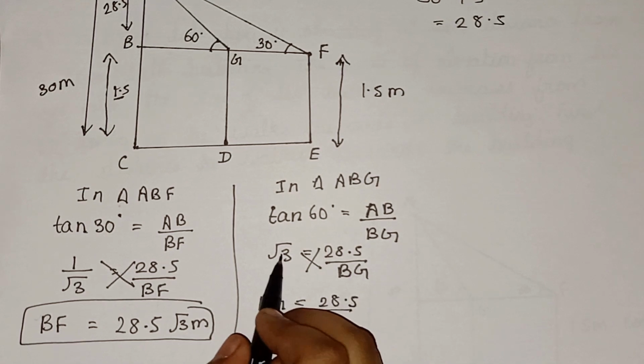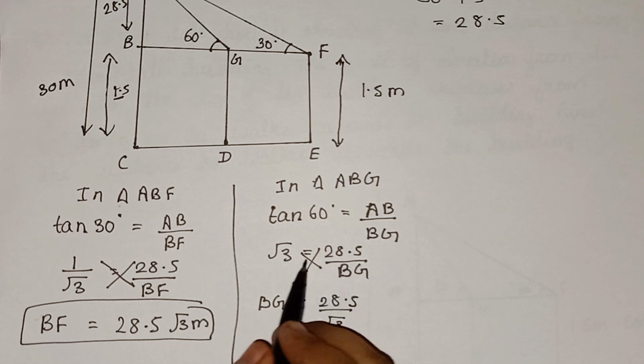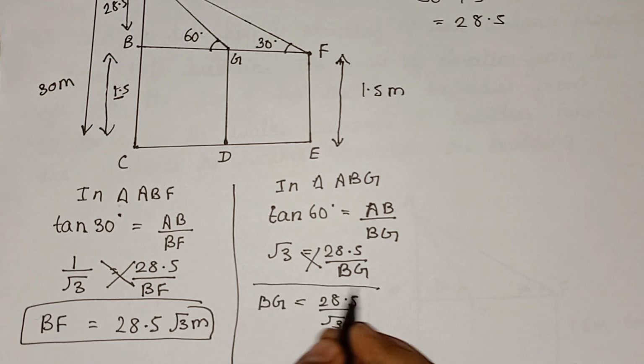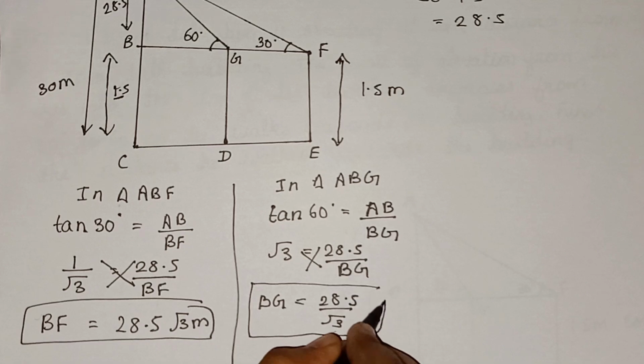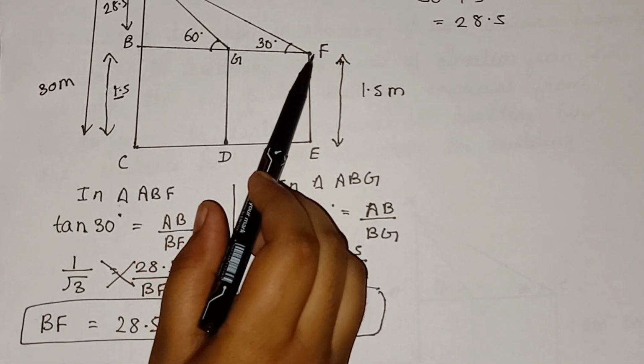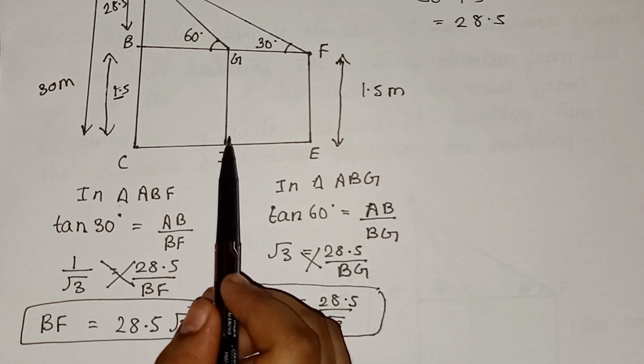Why? Because we get root 3 into BG, which is in multiplication. When root 3 goes to the other side, it changes into division. So we got the BG value. Now remember one thing: if I find the value for GF, that will be the distance covered by the boy.